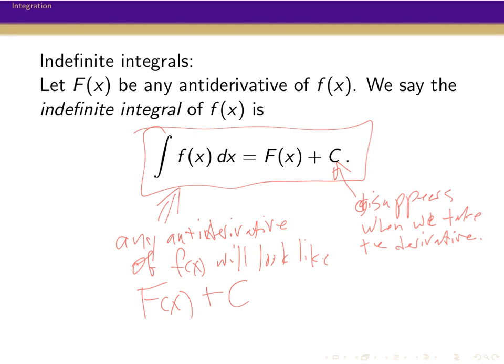Okay, and so for an indefinite integral, what it spits out is an antiderivative plus c, which represents adding any constant to it. And so really this is representing the whole family of possible antiderivatives for f of x.